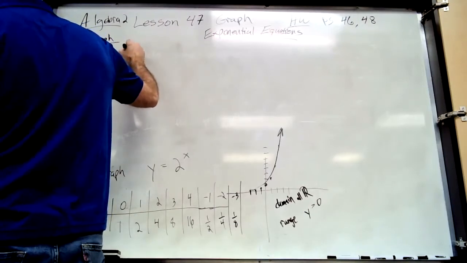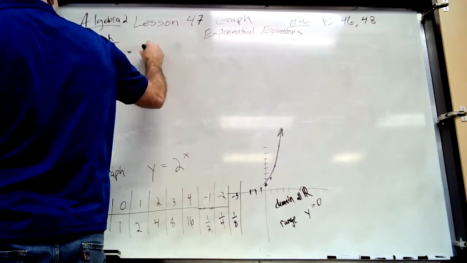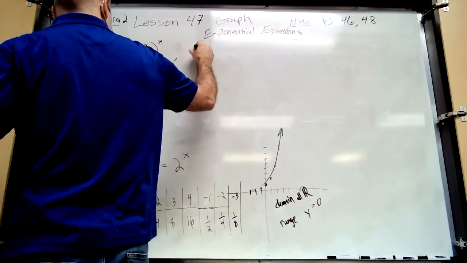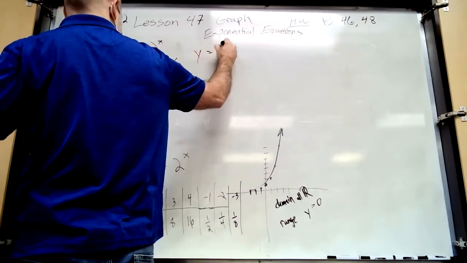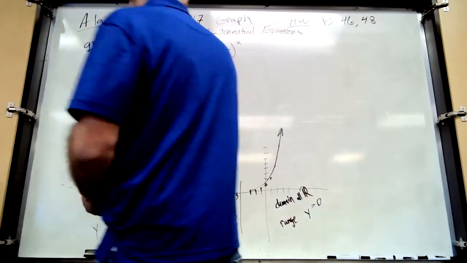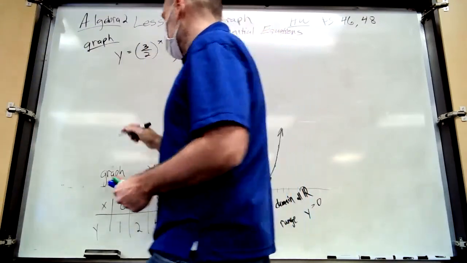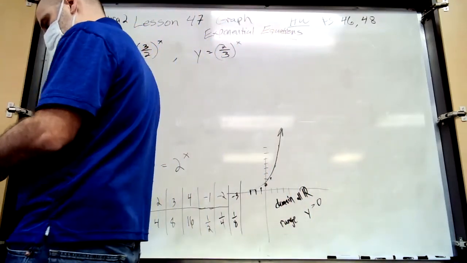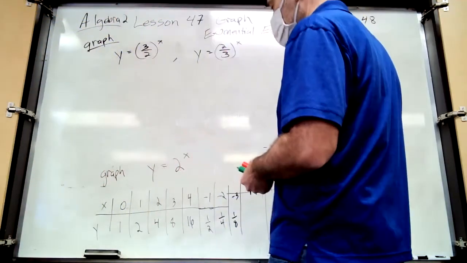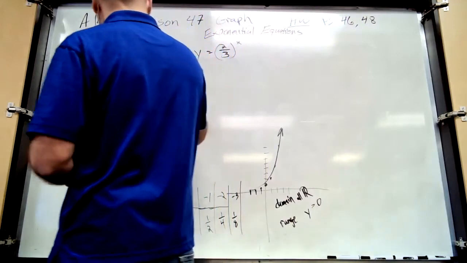So y equals 3/2 to the x. And then I'm going to graph this as well: y equals 2/3 to the x. How do you know if something's an asymptote? Well, an exponential function like that, you'll always have an asymptote.